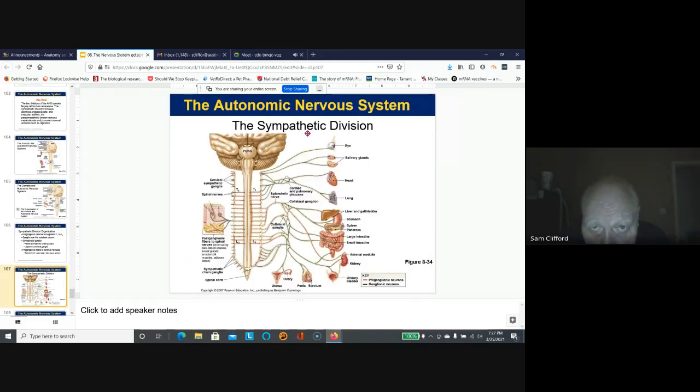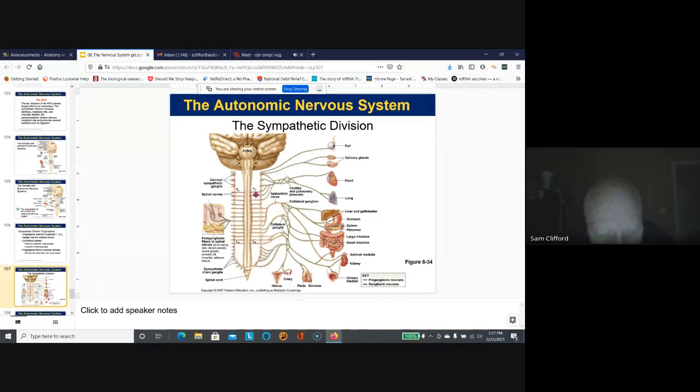So the sympathetic division originates in the thoracic and lumbar part of the spinal cord. So notice that there are preganglionic neurons and postganglionic neurons. So what happens here? There's all this, called the sympathetic chain.